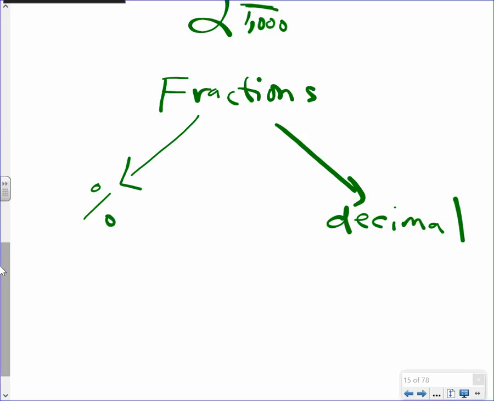How do you go from a fraction to a percent or a fraction to a decimal? Let's say the fraction of 1/4. Let's take 1/4 and change it into percent.